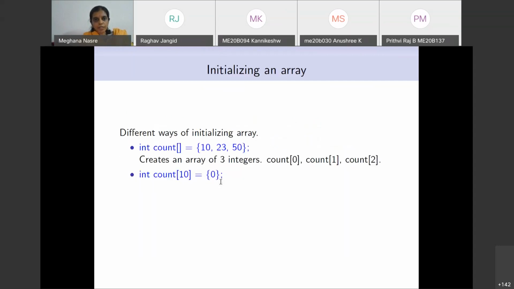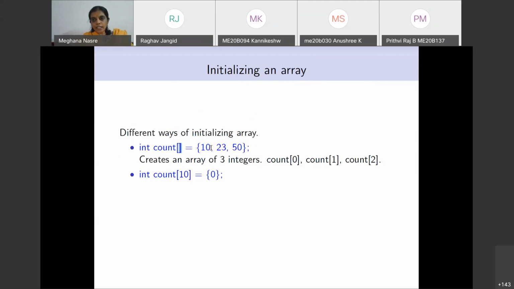Okay. So the different ways of initializing an array are as follows. At places where you are sure that you are initializing the array, you can omit the size of the array in the braces and just say int count[] = {10, 23, 50}.